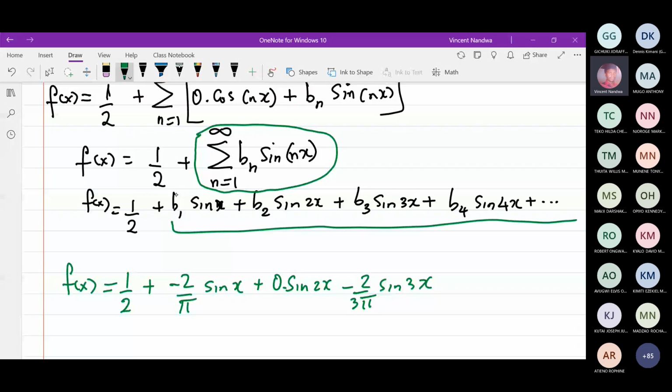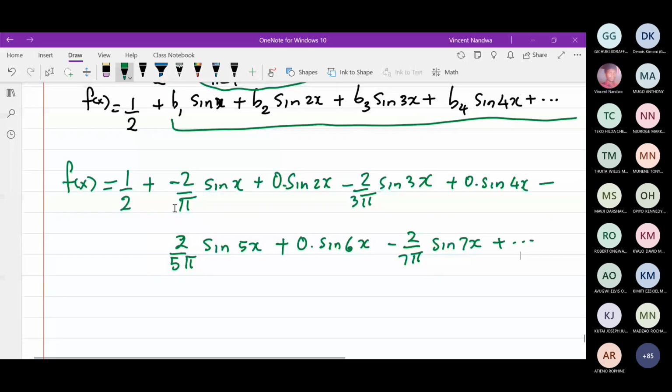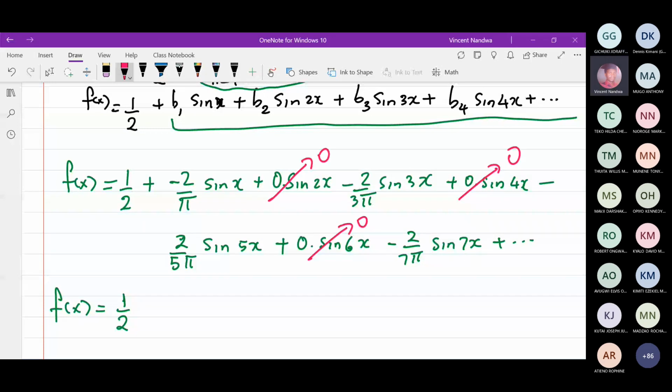So these even terms, this is 0, this is 0, this is 0. And what is common to the remaining odd terms? Minus 2 over pi. So we can factor out minus 2 over pi.